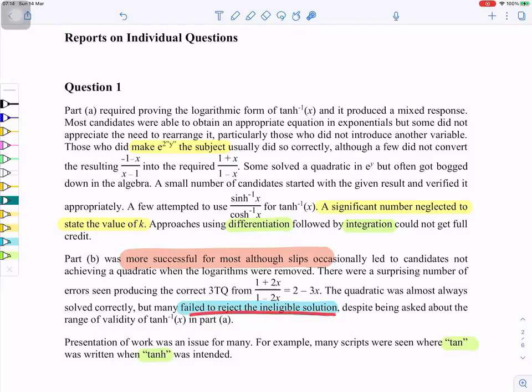So you had to say which one. Despite being asked about the range of validity of tan x in part A. And in presentation, students were confusing tan x and tan inverse x. So they were mixing between those two. So that's the examiner's report for question number 1.